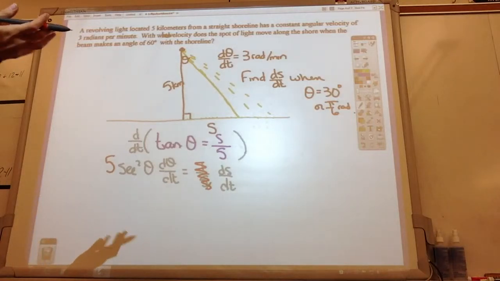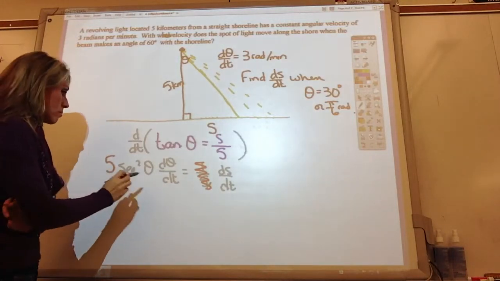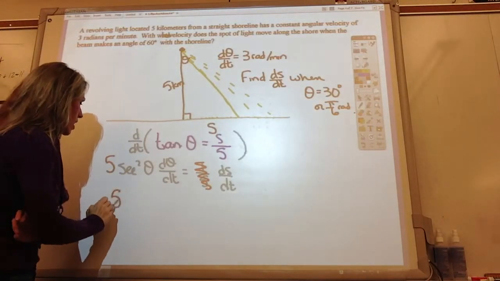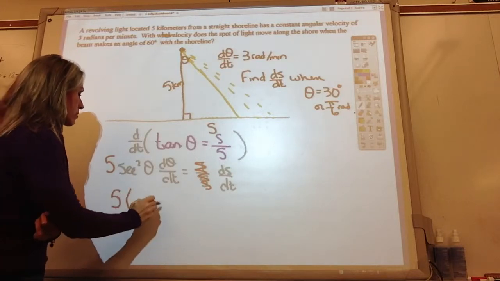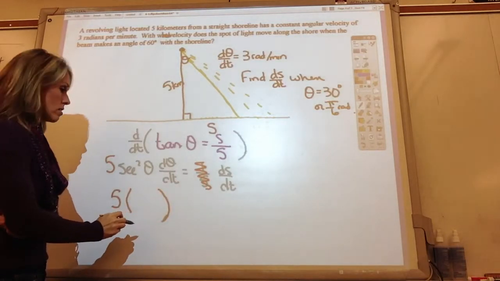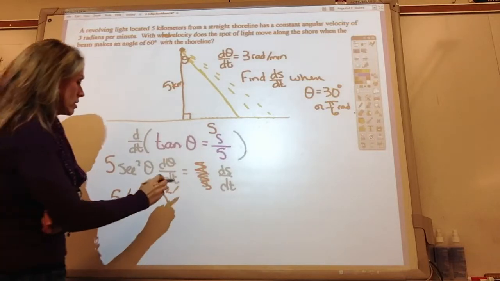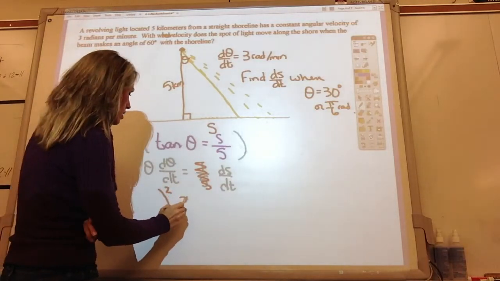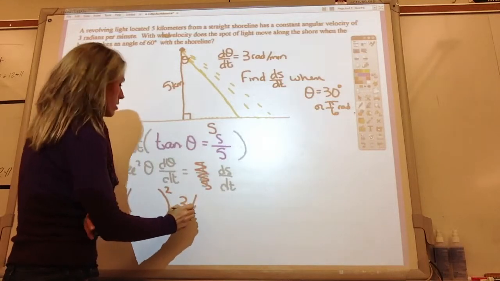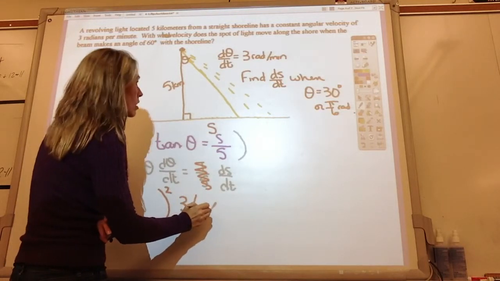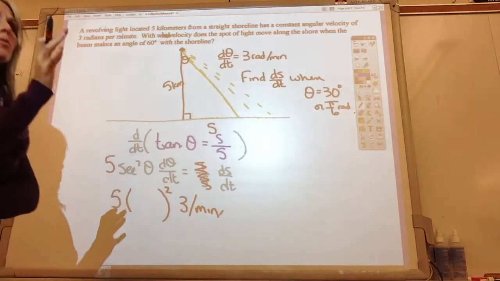But theta's in degrees, so we're good. All right, so we need 5, and then we're going to need to figure out what the secant of 30 degrees is. And we're going to square it, and we're going to multiply by d theta dt. And there is a reason I'm leaving out the radians.